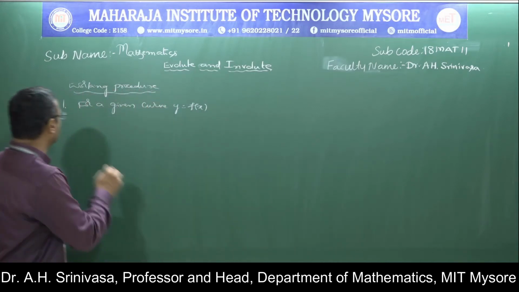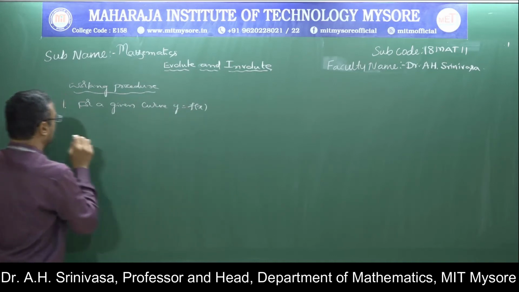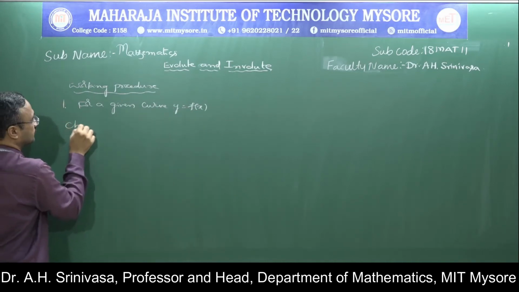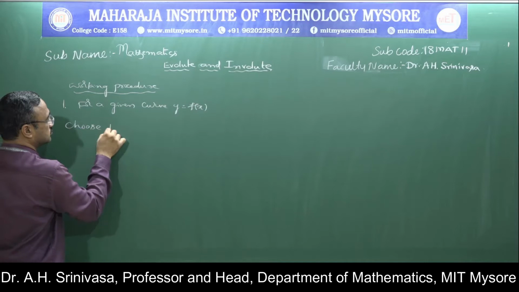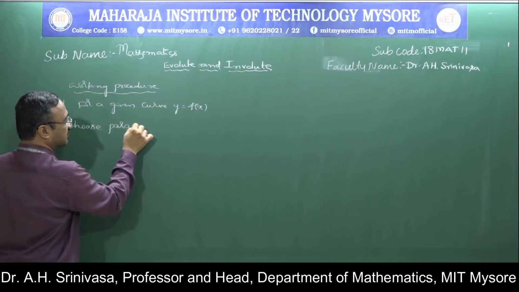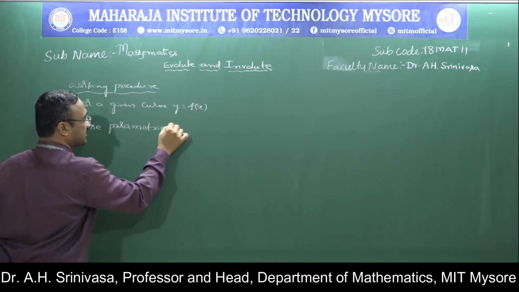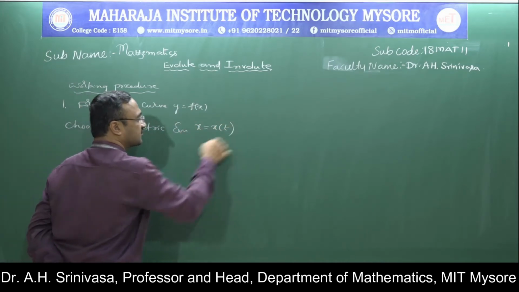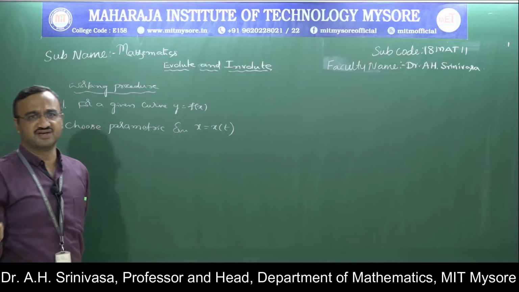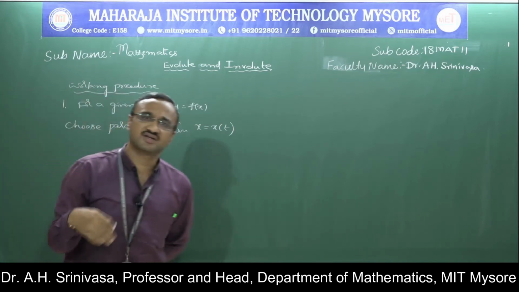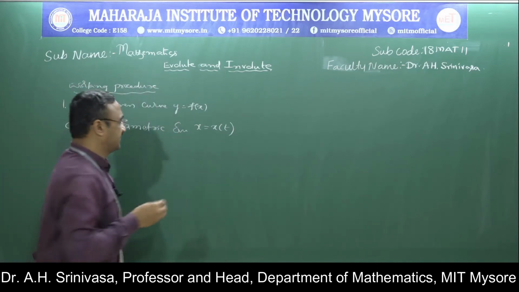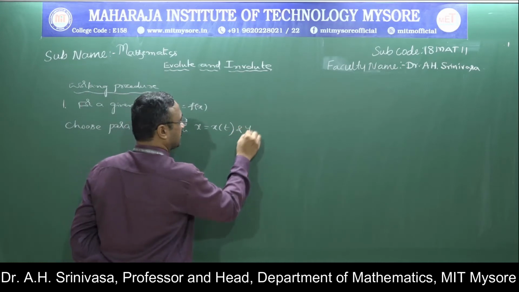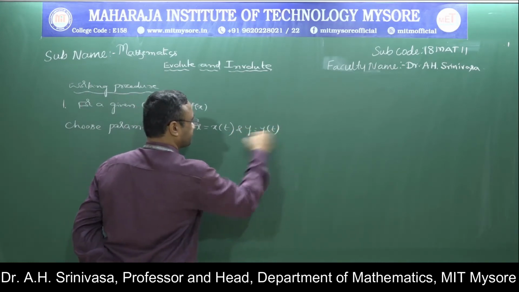The second point is, for a given curve y equal to f of x, choose a parametric equation, in the form x equal to a function of t, either t or theta, whichever is convenient, and y equal to y of t.